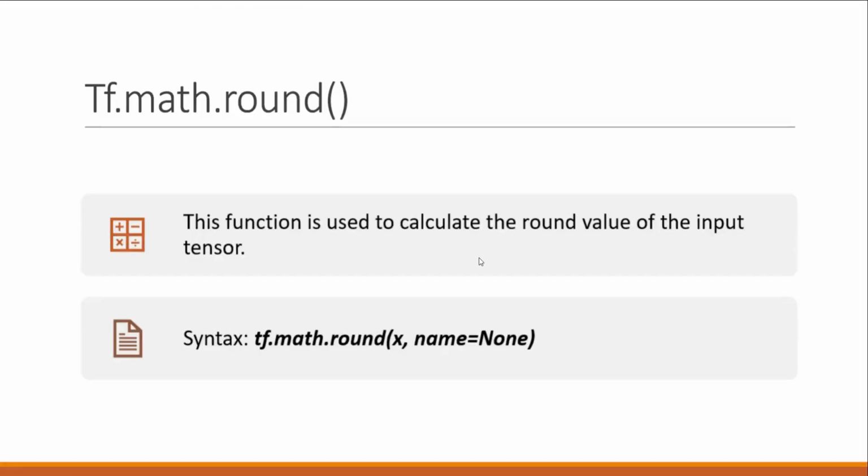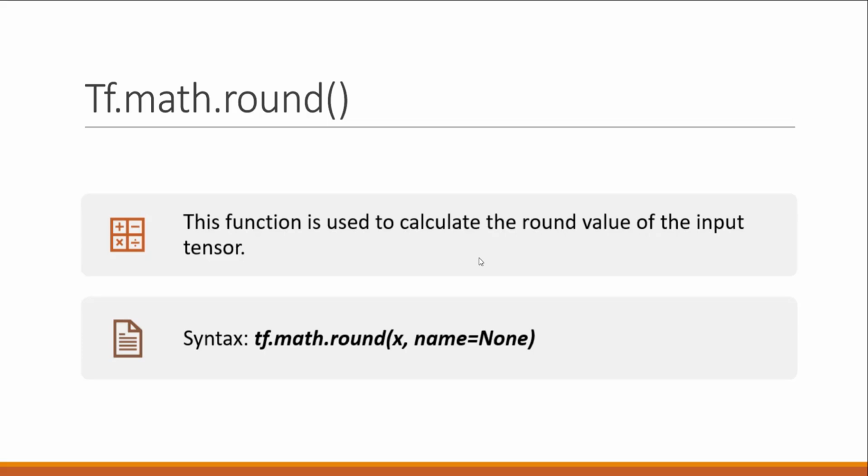Our next function is the tf.math.round function. This function is used to calculate the rounded value of the input tensor, and it is done element wise. In simple words, it will return the nearest integer value of an input tensor.